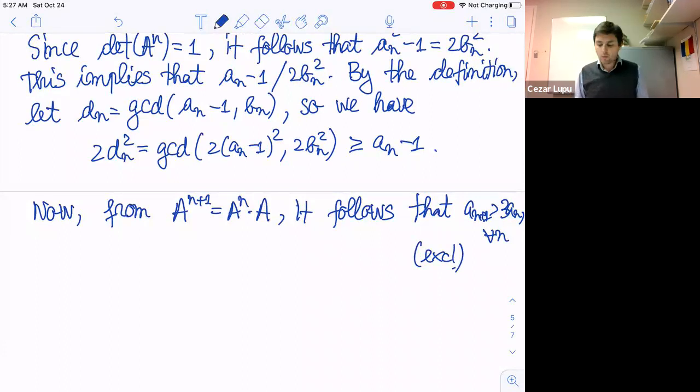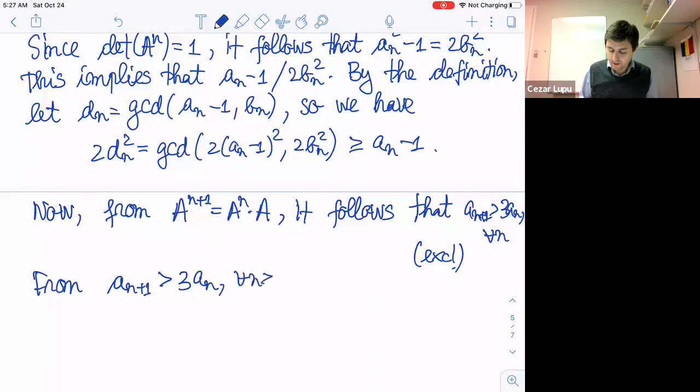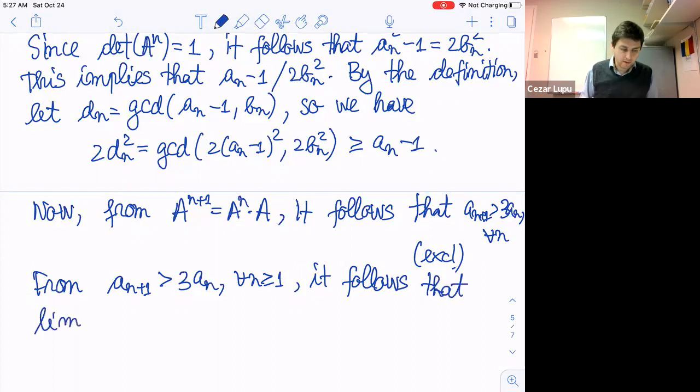Well, from this, clearly it follows that the limit of a_n as n approaches infinity is plus infinity.